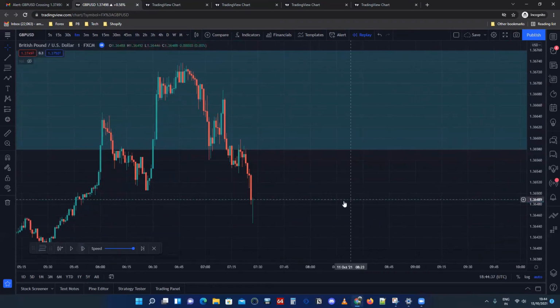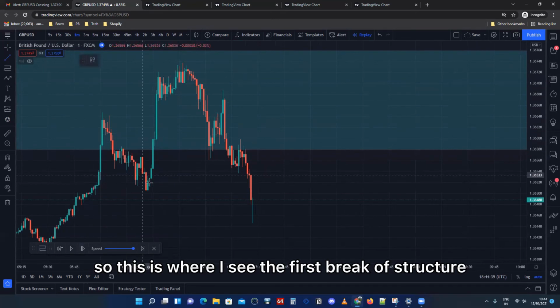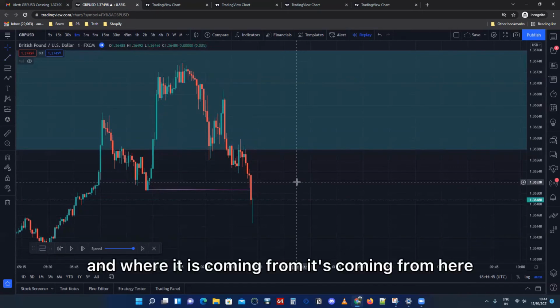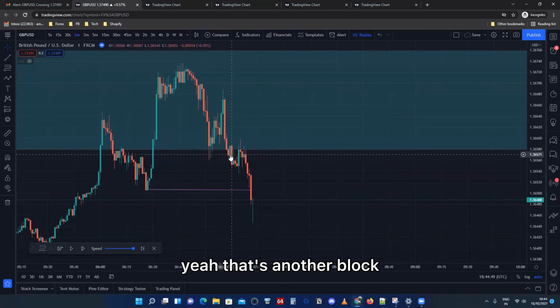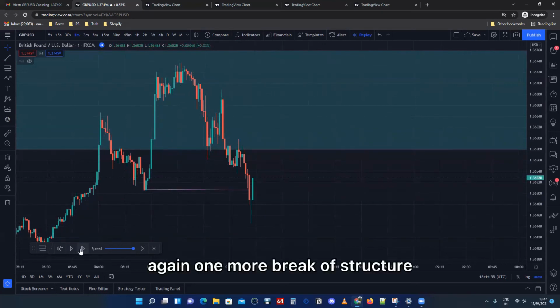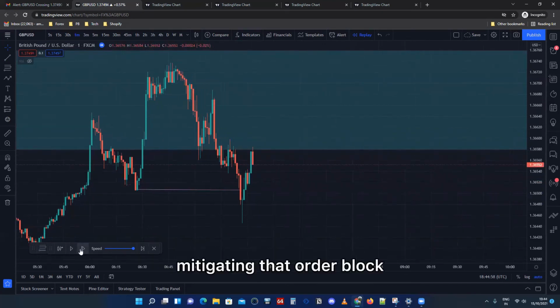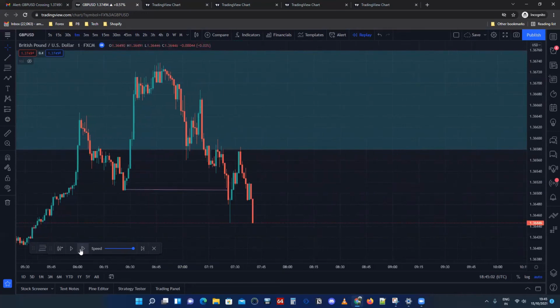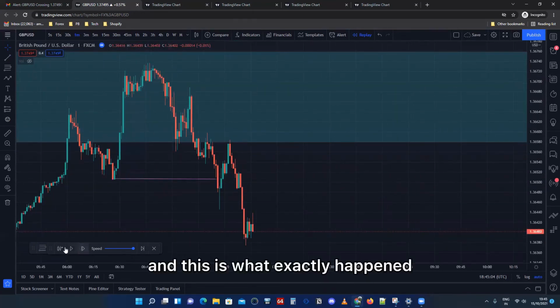This is where I see the first break of structure, and it is coming from here, an order block. So I want to see one more break of structure mitigating that order block, and this is exactly what happened.